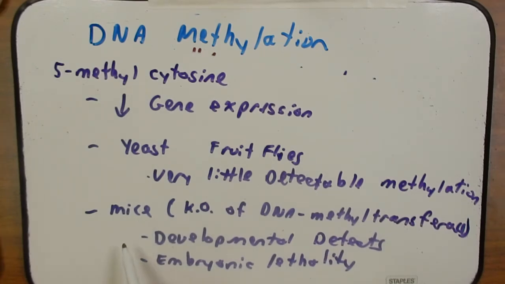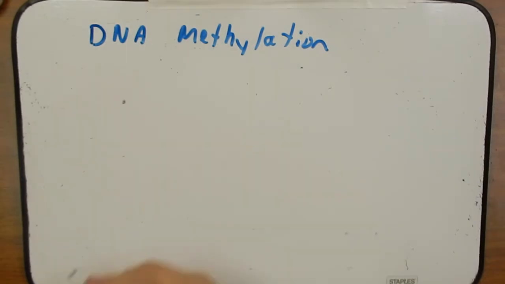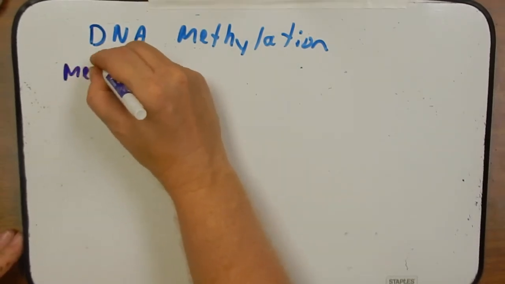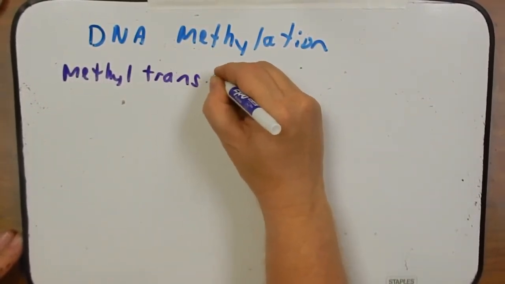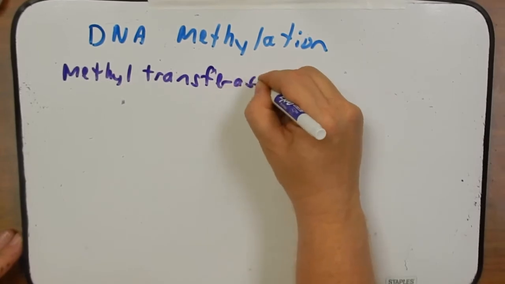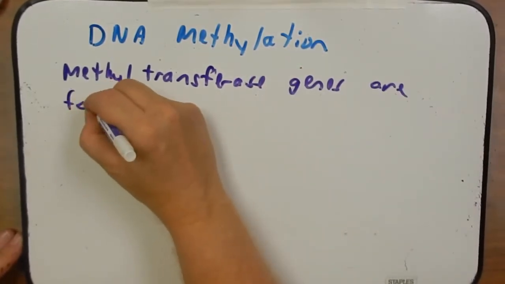So the question might come up: did mice just somehow develop this DNA methyltransferase? How early of an evolutionary development of this enzyme was there? Well, we know that there are methyltransferase genes found in bacteria.